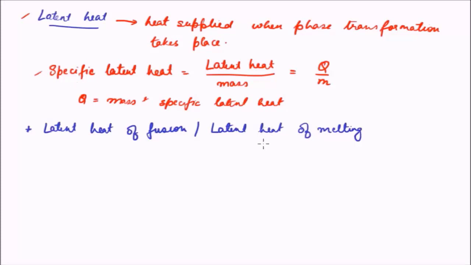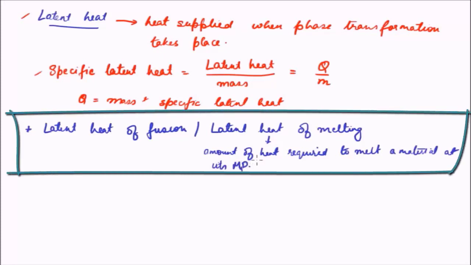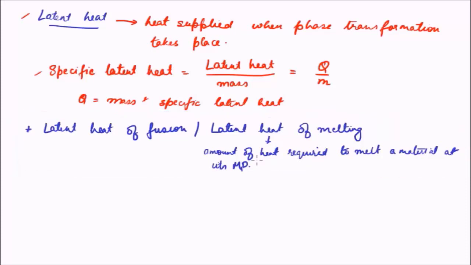Latent heat of melting is the amount of heat required to melt a material at its melting point. Okay. Now, as we have already discussed before, an increase in heat should normally manifest as an increase in temperature.